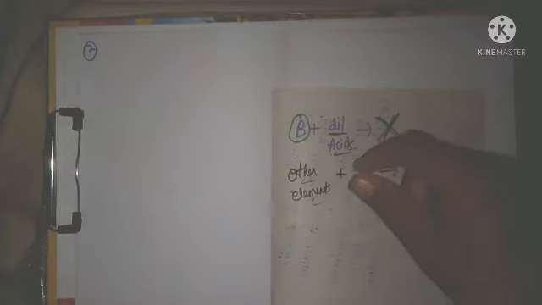It is also one of the anomalous properties of the boron. What is that? Boron is not reacted with the dilute acids, whereas other elements react with dilute acids and release dihydrogen gas. That is only I am writing here.